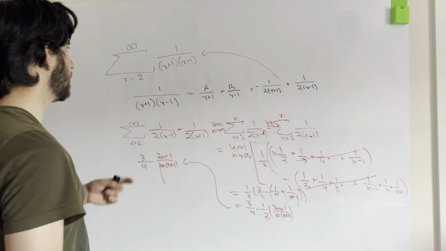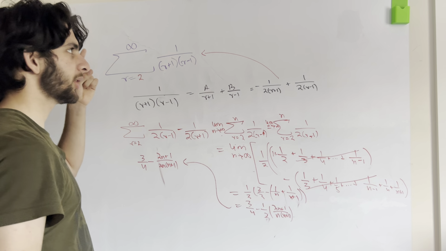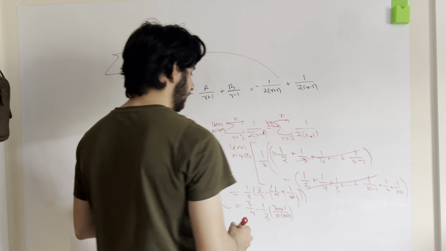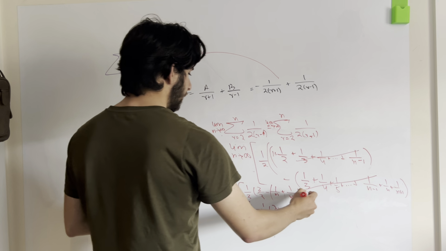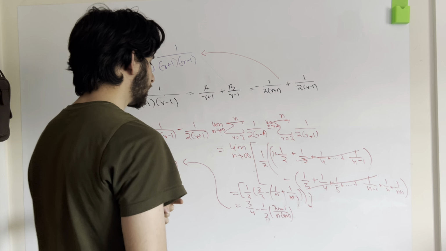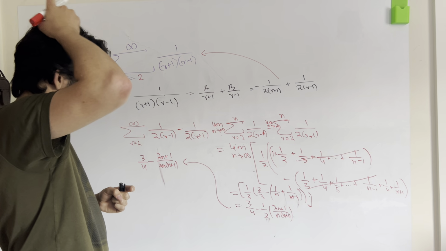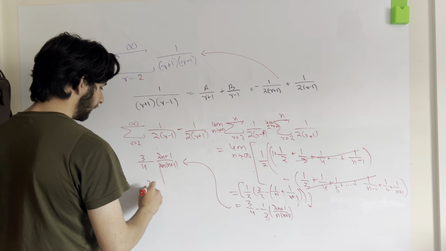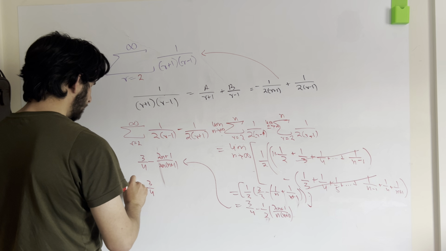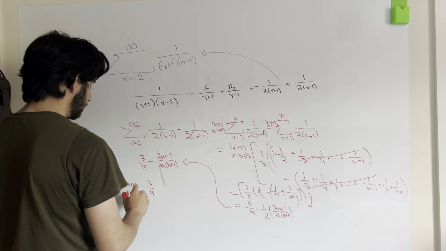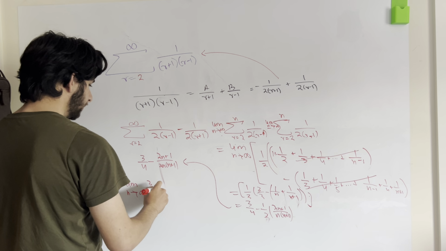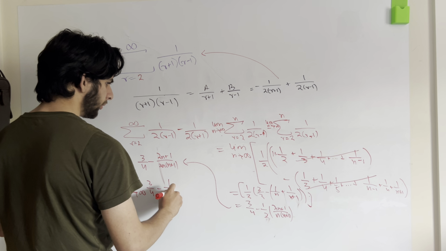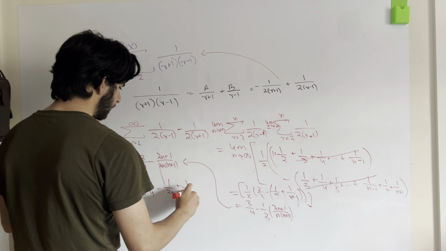Of course, the original question asks you, what's the sum to infinity? So we're actually going to go a step back over here, and we're going to look at what happens when we take n to infinity. So clearly we're going to have 3 over 4, and the limit as n goes to infinity, minus 1 over 2n plus 1 over 2n plus 1.